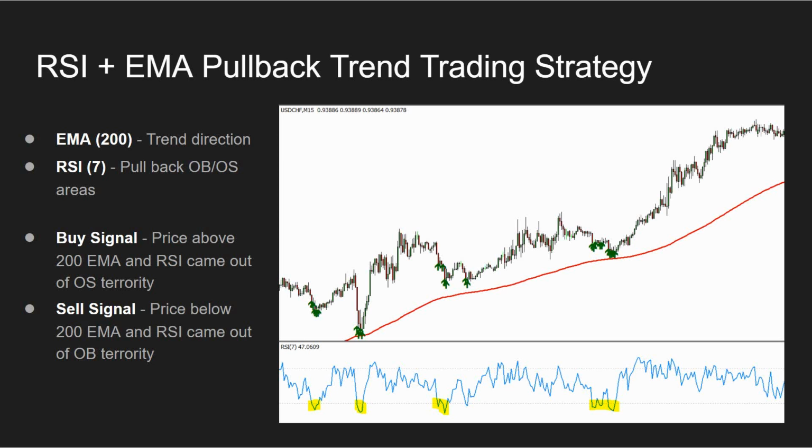Now the reason why it's 7 period and not the traditional 14 is that you don't get many trading opportunities for overbought, oversold conditions at 14. So we were looking for pullbacks that are a bit more responsive to price action, and therefore a 7 period is generally used.